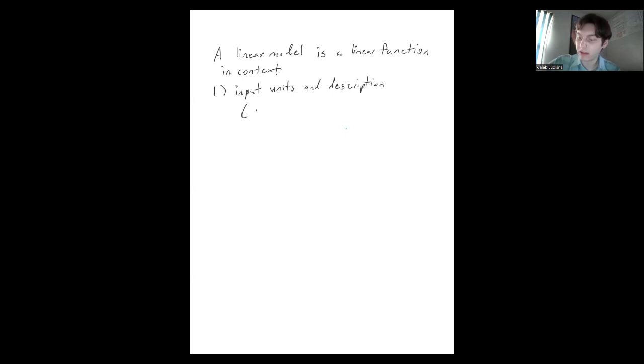We would say gallons, but gallons is a unit, and we need to describe the situation to give more context. Gallons of gasoline. That is still kind of a unit, so the description really needs as much context as we can give it, being purchased.